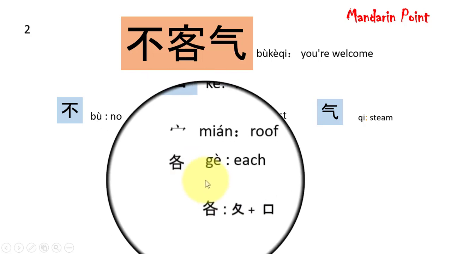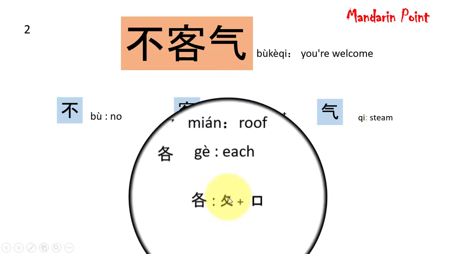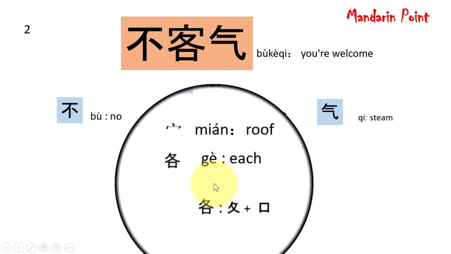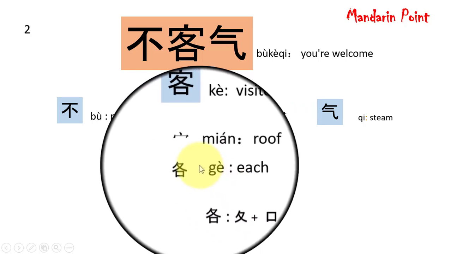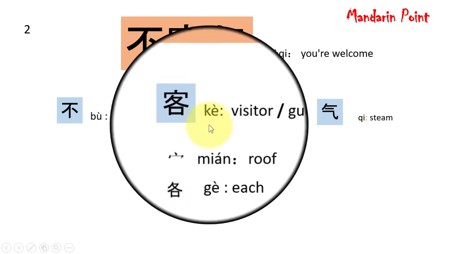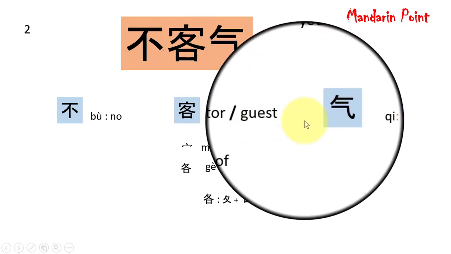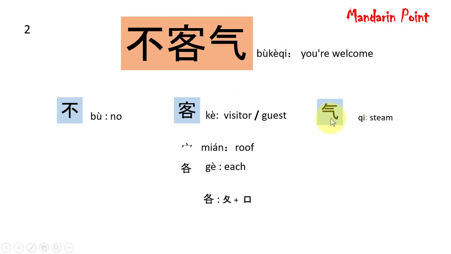It is actually composed of this zhi, which means to go, and this one is kou, which means mouth. So ge along with this mian is going to give us ke, which means visitor or guest, and this qi is again very simple and can be directly derived from basic strokes.